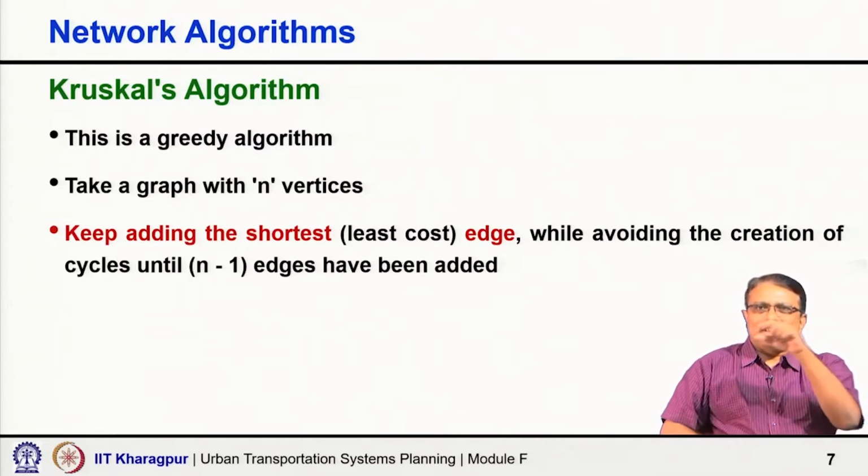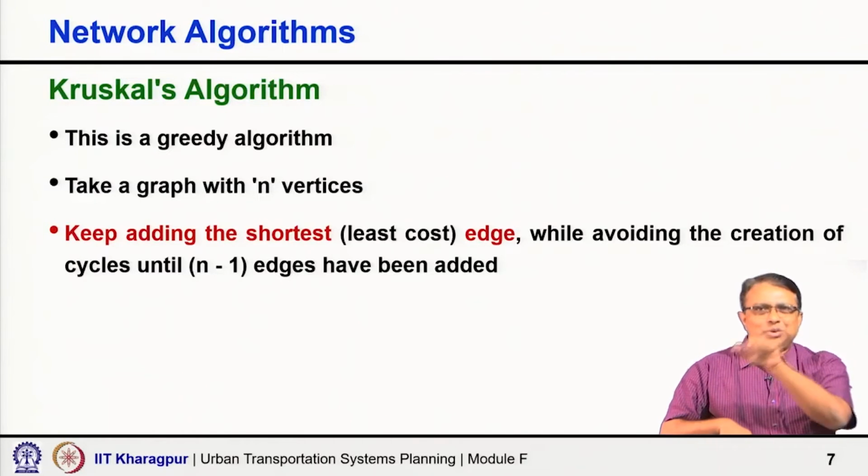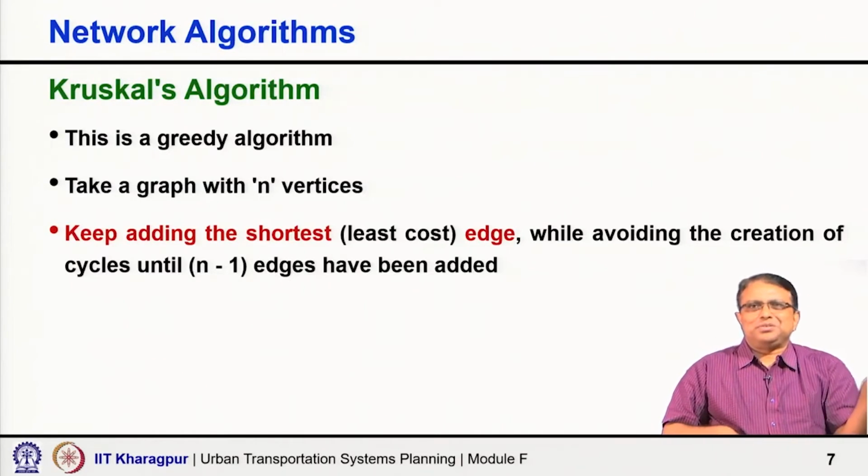Then first I take the shortest link and check whether all my connections are done. No. Then I pick up the next immediate higher cost link, or higher length link.